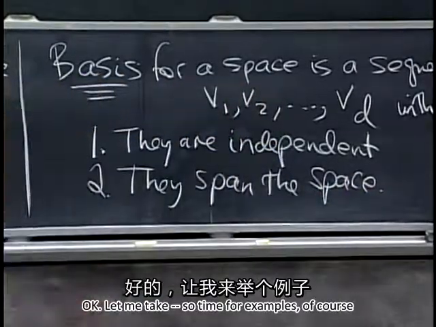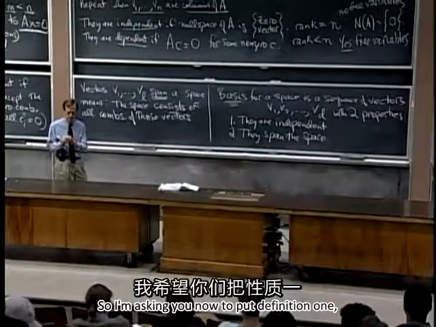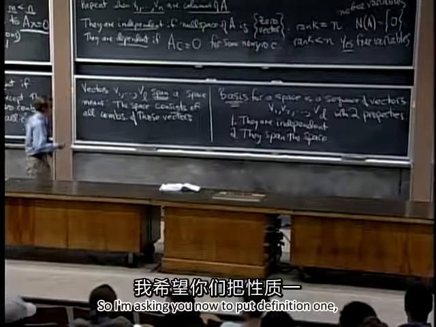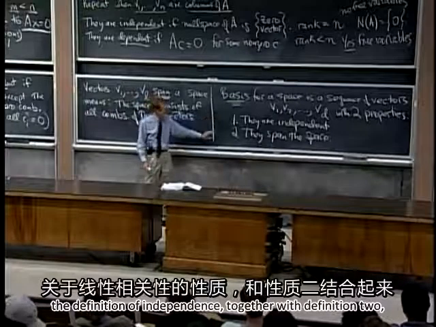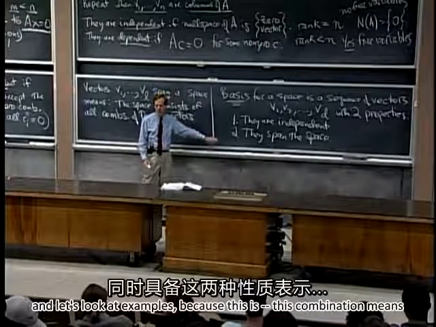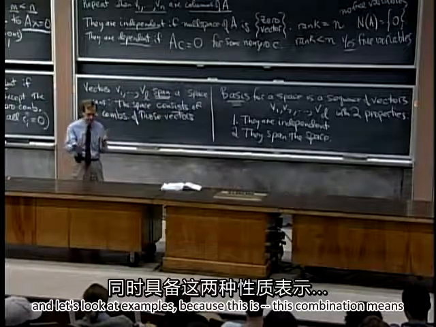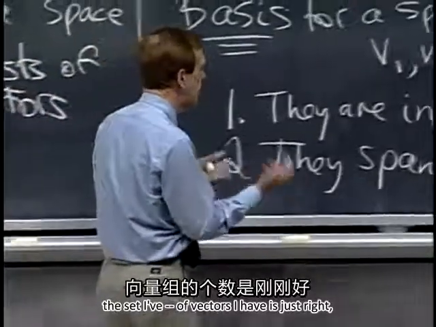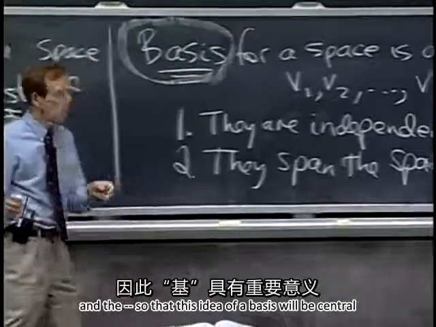Okay. Time for examples, of course. I'm asking you now to put definition 1, the definition of independence, together with definition 2, and let's look at examples. This combination means the set of vectors I have is just right, so this idea of a basis will be central.